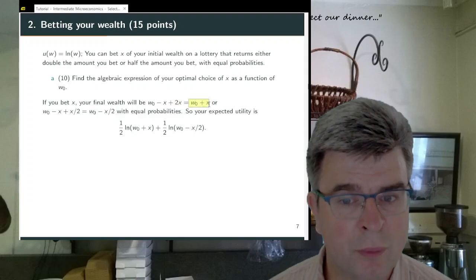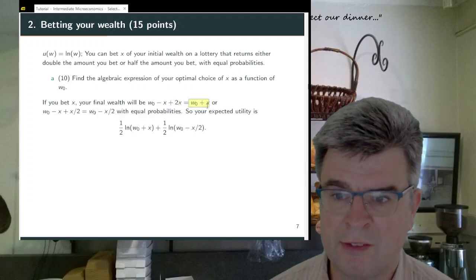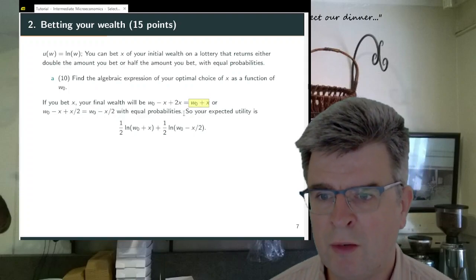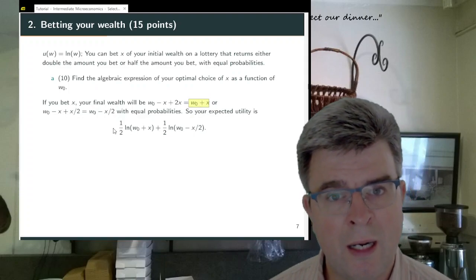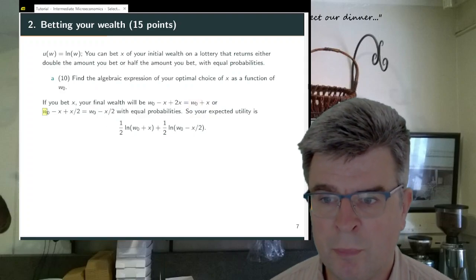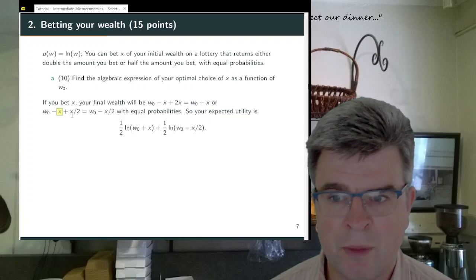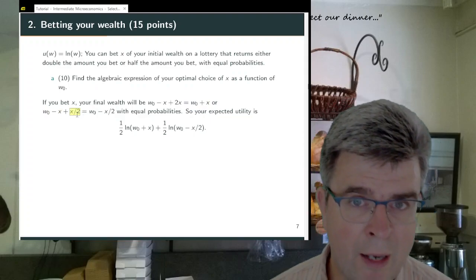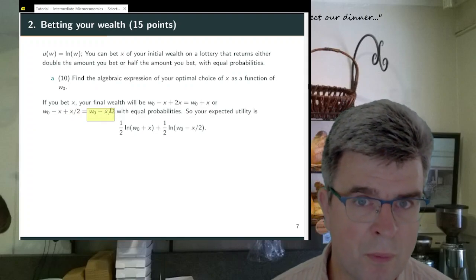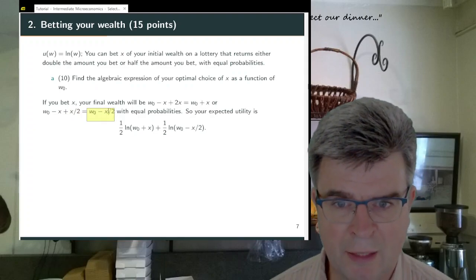So the final wealth will be W0 plus X. It may also happen, also with probability 1/2, that we get returned half of the amount that we bet. So in that instance, our final wealth will be W0 minus the amount that we bet. We get returned half of the amount that we bet. So our final wealth will be W0 minus 1/2 X.